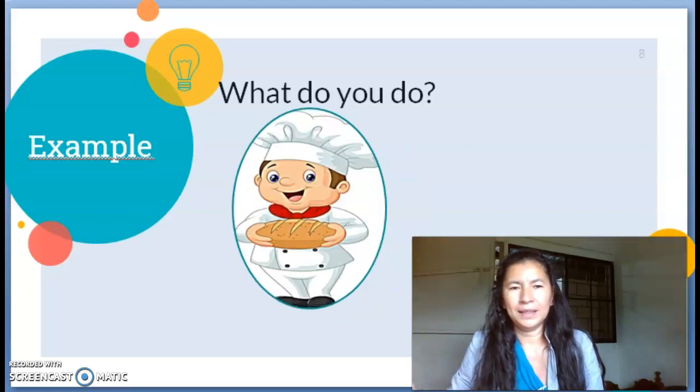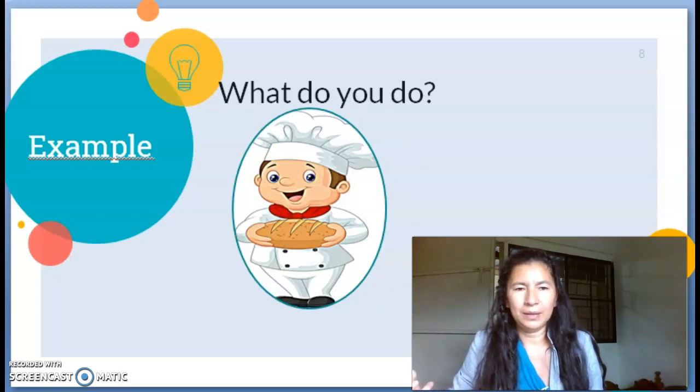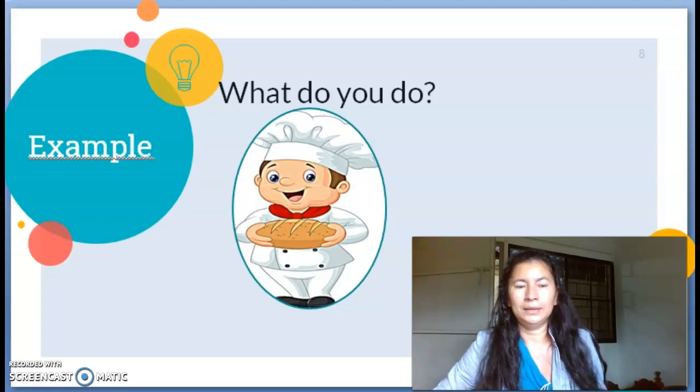After, the teacher selects another student and asks another question. What do you do? And the student assumes that he or she is the picture and gives an answer about this picture.